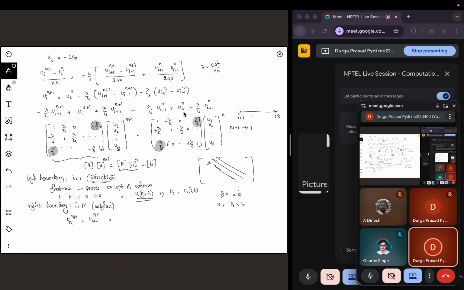In other words, this will become u_n at n plus 1 minus u_(n-1) at n plus 1 equals 0. So my last row will basically become everything zeros except the n minus 1 term, where I'll have minus 1, and then the nth term, where I'll have a 1. All this matrix will be the same as before. So this will be the u_(n-1) term, the u_n term, and here we have to ensure that everything is zeros.